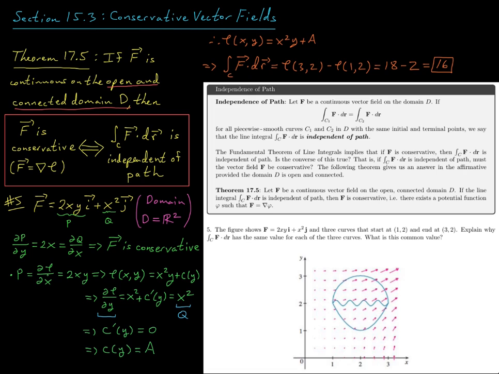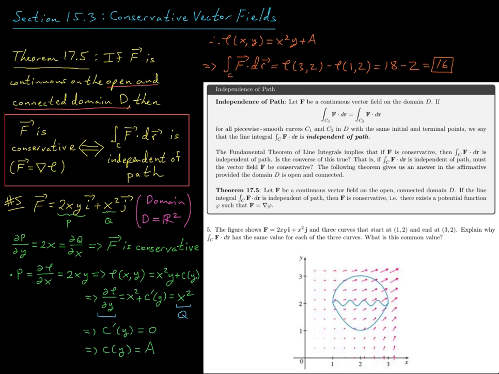So I have that partial phi partial x is equal to 2xy. Go ahead and integrate with respect to x to get that phi is equal then to x squared y plus, and this is a constant function with respect to x, right? So in other words, this function c of y depends only on y.